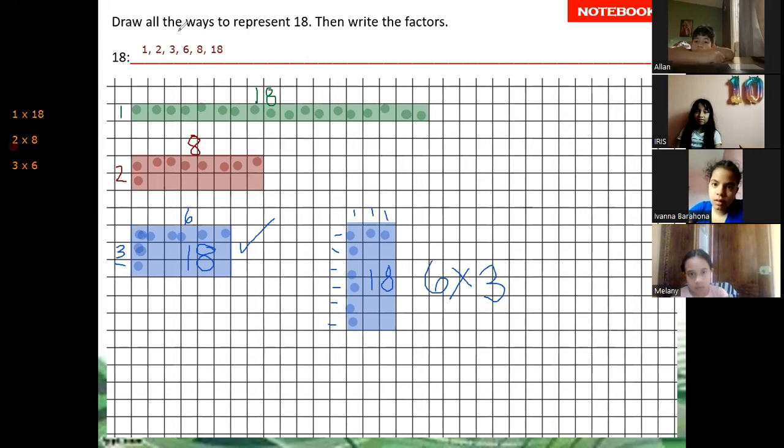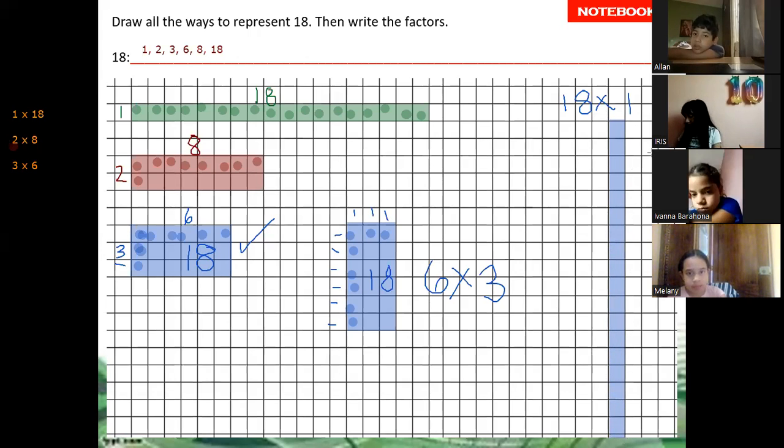What happens if I represent this one? This is 1 times 18. What about 18 times 1? It will be different. If I tell you to represent 18 times 1, you have to draw the line down: 1, 2, 3, 4, 5, 6, 7, 8, 9, 10, 11, 12, 13, 14, 15, 16, 17, and 18.